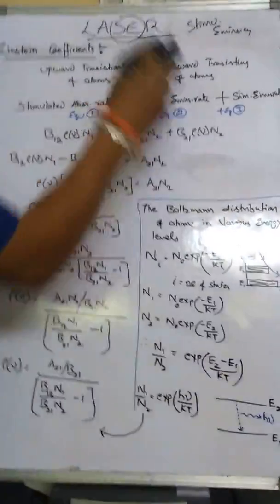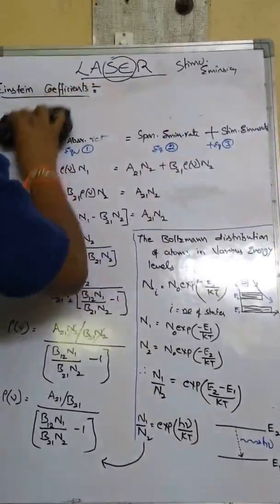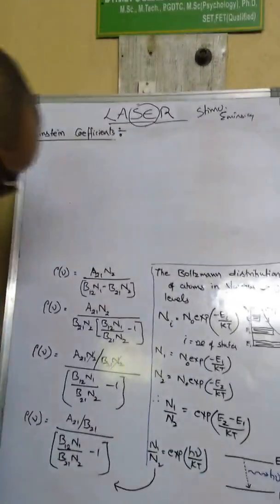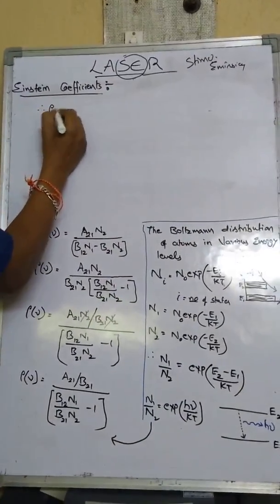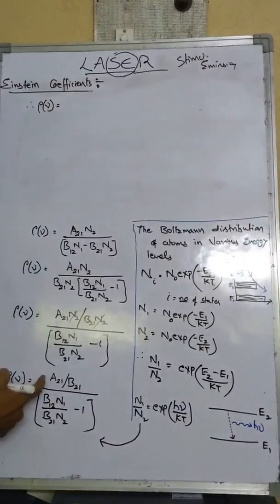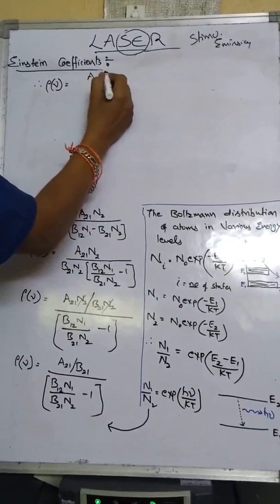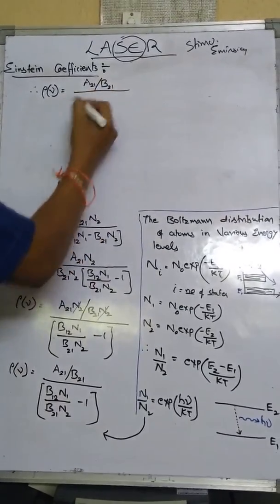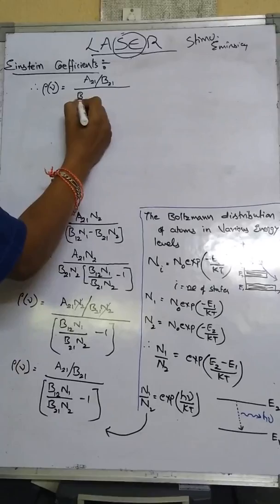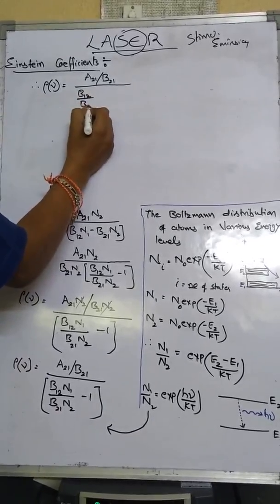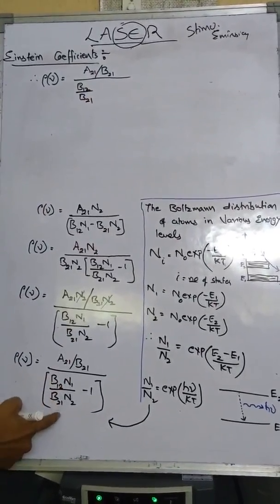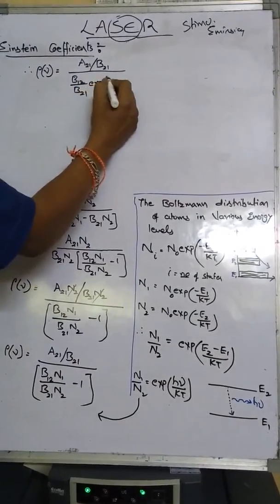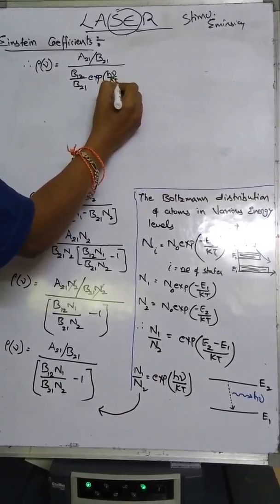Coming to the continuation of our derivation, which is a simple part, rho nu is equal to A21 by B21 divided by B12 by B21 times N1 by N2 minus 1, and N1 by N2 is nothing but exponential h nu by kT.